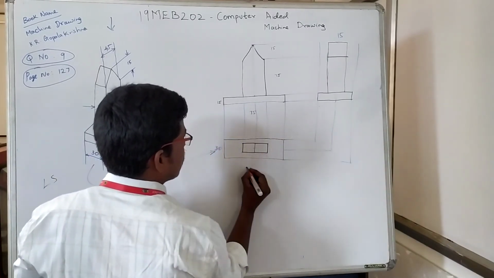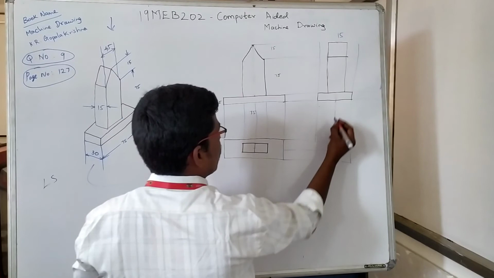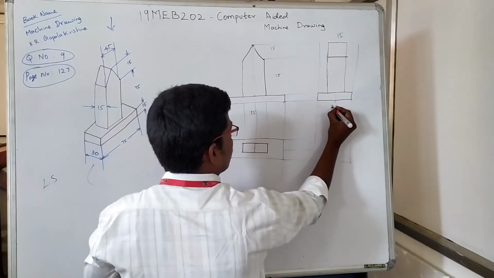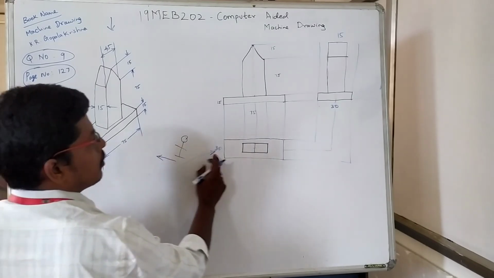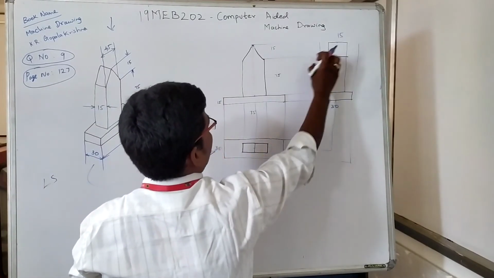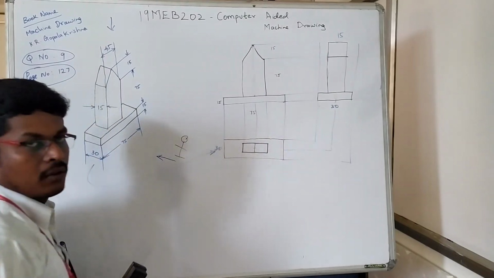This entire length is 75 millimeter, which is mentioned in the front view. This entire length is 30 millimeter, which is mentioned in the top view. Okay, so this thickness is 15 millimeter and this height is 15 millimeter.